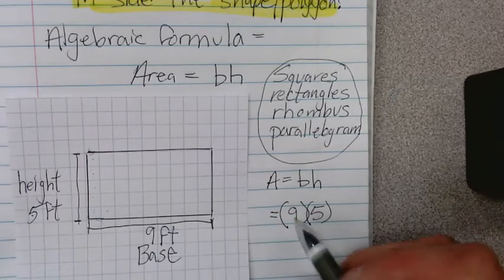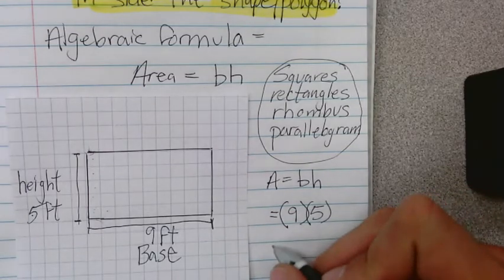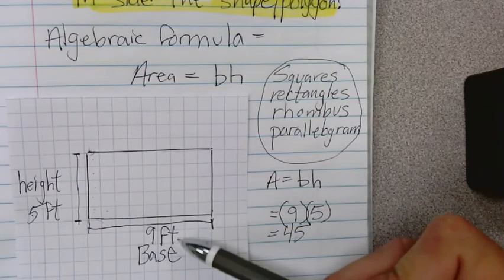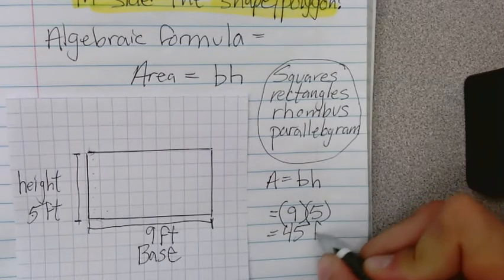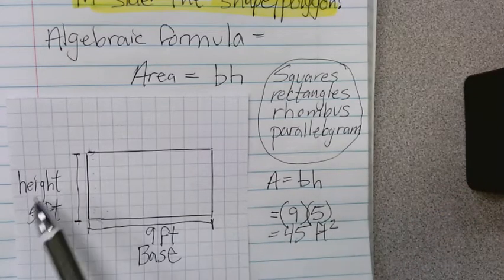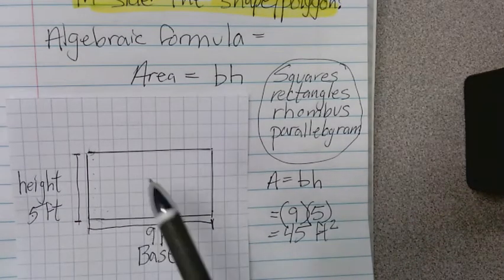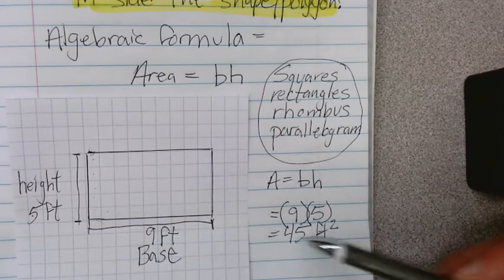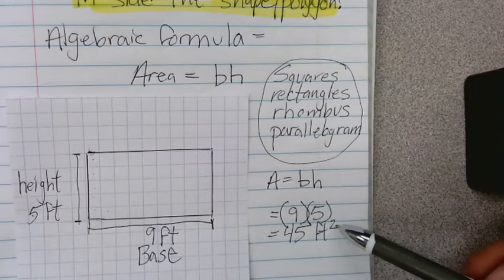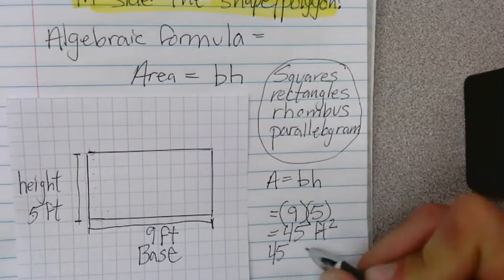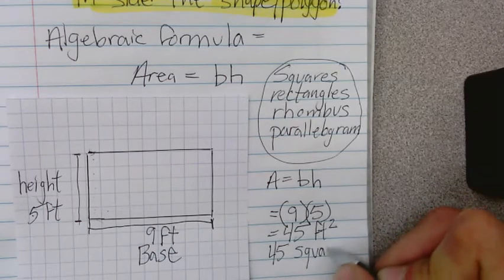And that tells me I'm multiplying. So then 9 times 5 equals 45. And because it was feet, it becomes feet squared. It's squared because you have two measurements and it's squares on the inside. So it's not just 45 feet, it's 45 feet squared, or 45 square feet.